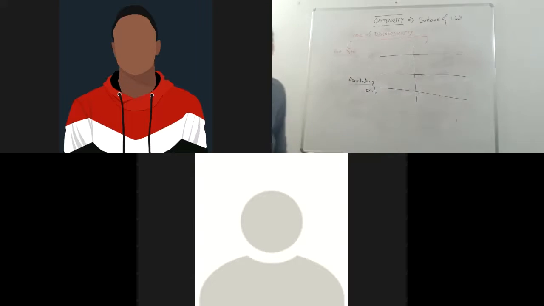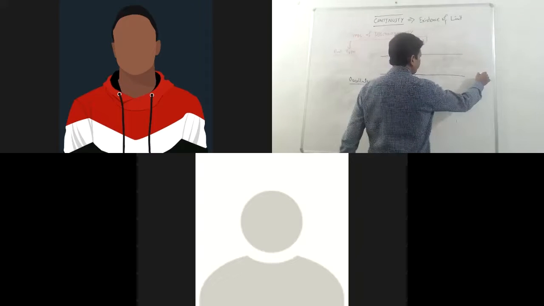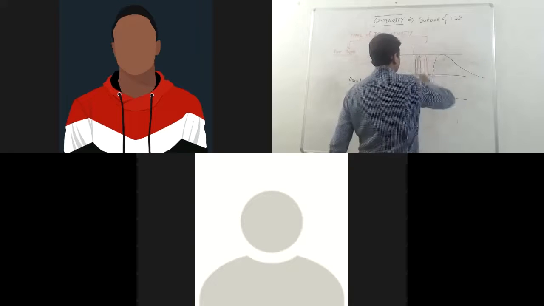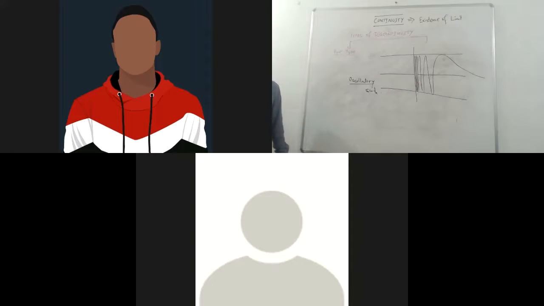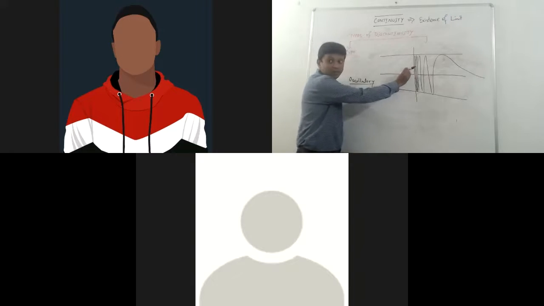Sine function is bounded, but there will be some oscillation. This is the left portion. If you go closer to zero, the oscillation will be much higher. So there will be a very high concentration of the graph over the neighborhood of zero.